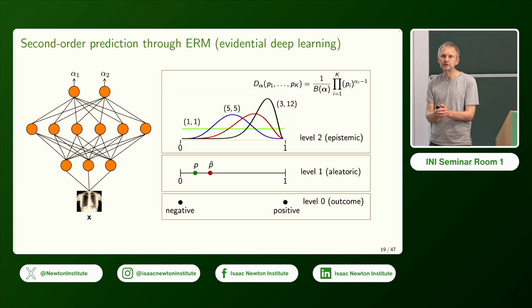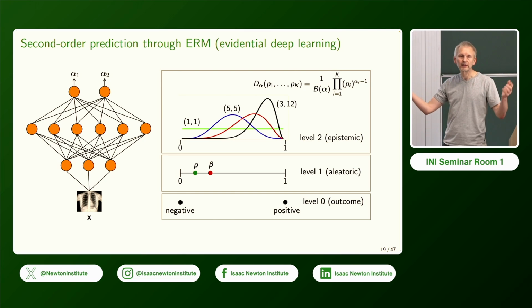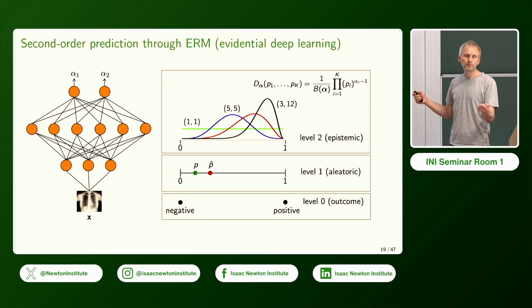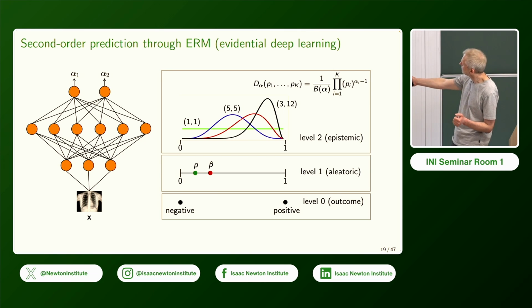Of course, the second-order distribution you have to somehow parameterize because it's an infinite dimensional object. In the case of binary classification, let's take that simple example. You could, for example, parameterize your second-order distribution by a Dirichlet distribution, which in this case has only two parameters, alpha 1, alpha 2.